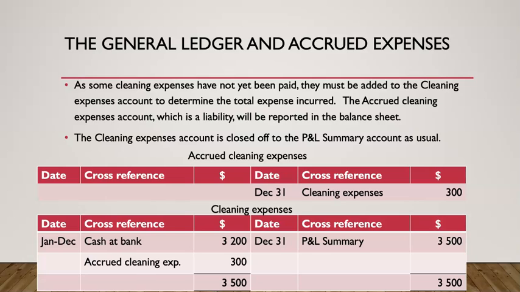But we're also going to record the extra $300 cleaning expense that we've done in this adjustment, and our cross-reference here is accrued cleaning expenses. Because this is an expense account, we're going to send it all to our profit and loss summary to report in our income statement, and this now nets off because we have closed this account essentially to start again. So in our income statement, we are going to report as an other expense $3,500.